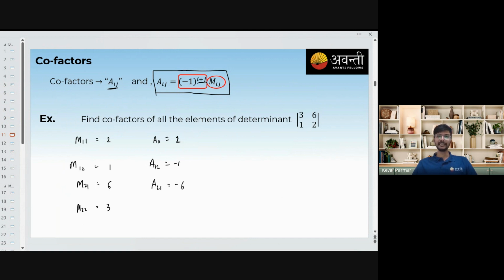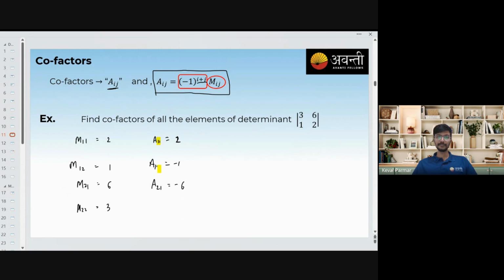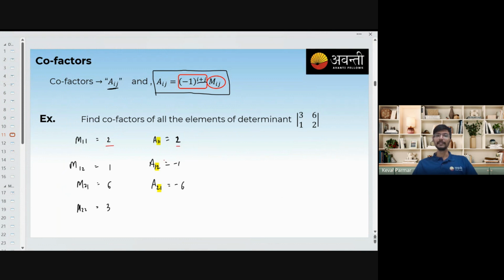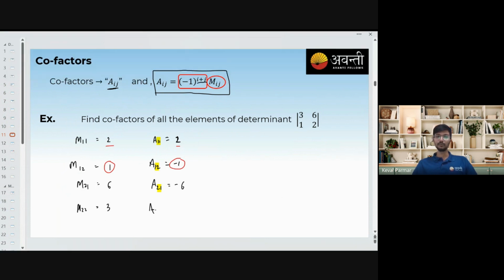A21 will be -6. Why? Because see this sum, guys. If the sum is even, then both of them remain the same. But if the sum is odd, then we have a sign change. Similarly, A22, sum is even, no change. Correct, guys?